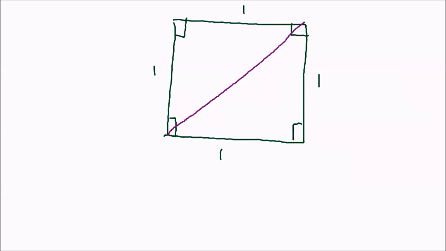Now that I've cut this right angle in half, I know that this new angle here is 45, and this one also is 45. And then similar to before, since I have 2 of the legs, but I don't know this missing value right here, we can use the Pythagorean theorem to find out what the hypotenuse will be. So I can say that 1 squared plus 1 squared equals, let's call it z squared.